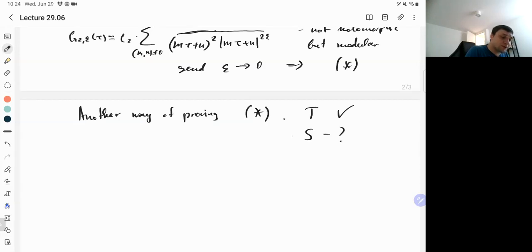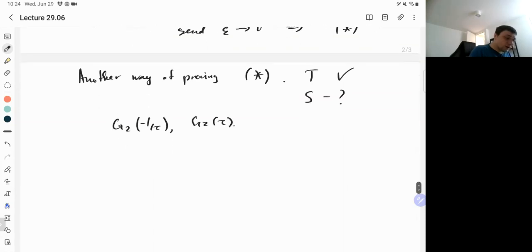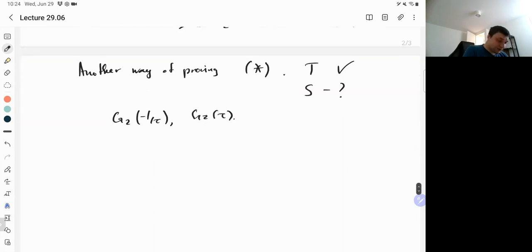And the real problem is how to prove it for S. And for S, well, you want to relate G2 of minus 1 over tau and G2 of tau. And there, the trick is, you look instead at the Fourier series.